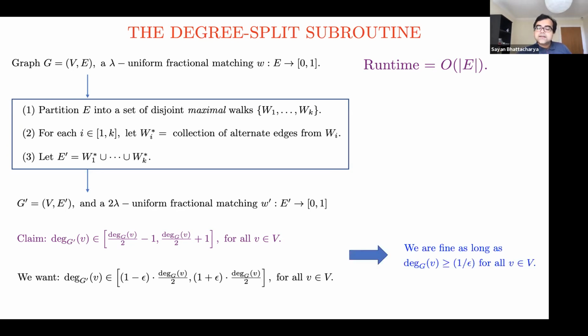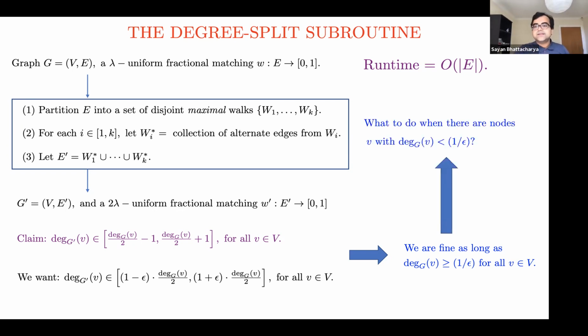And this essentially means that we are fine as long as every node in this graph has degree at least 1 over epsilon, because then these two claims are equivalent. A plus minus 1 additive approximation gives a 1 plus minus epsilon multiplicative approximation. But we will get stuck when there are nodes in this graph with small degrees. Their degrees we cannot split very evenly. And this is now the main technical challenge.